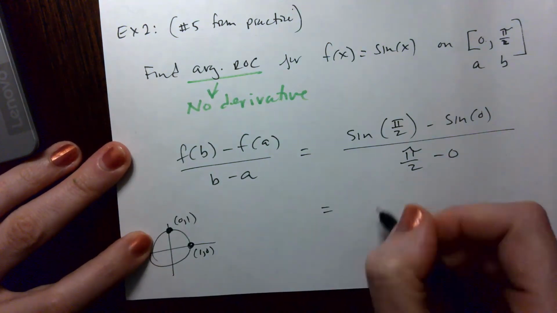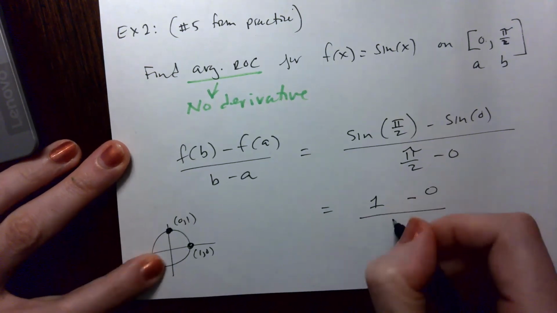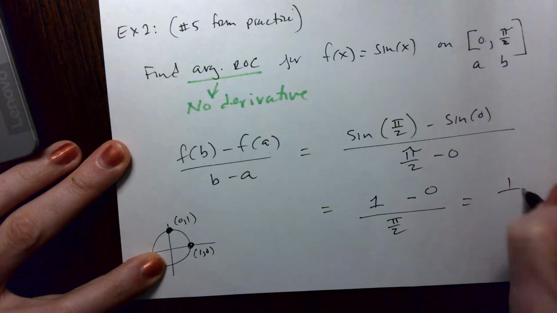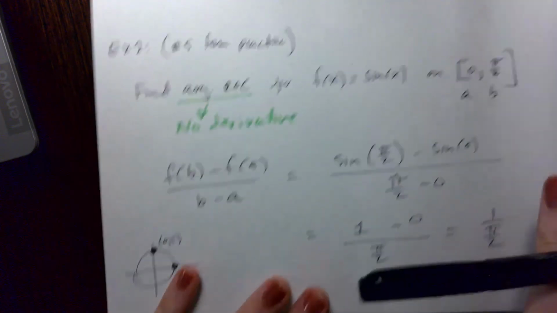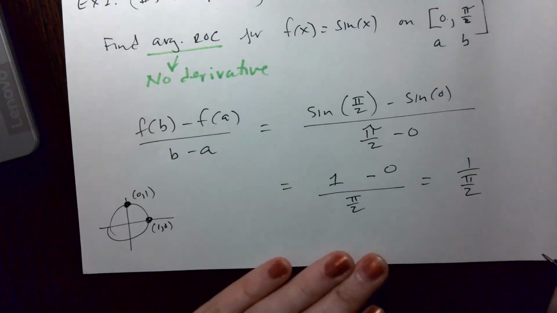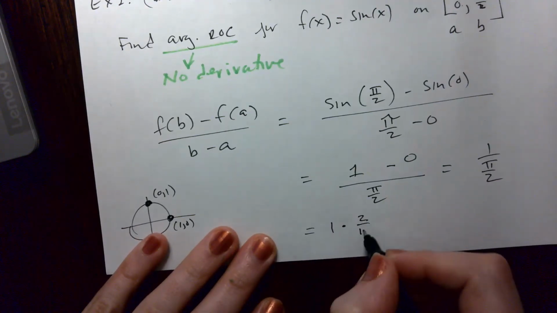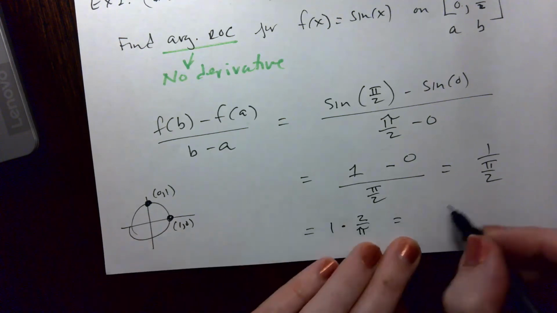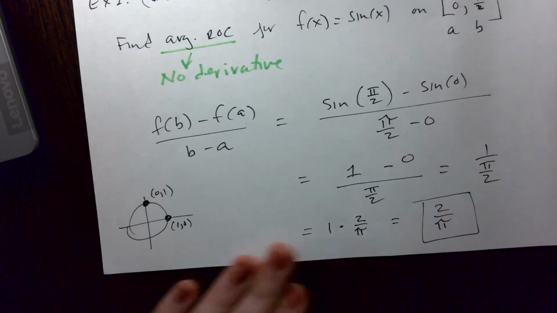So this is 1 minus sine of 0, which is 0, over pi over 2. So this is 1 over pi over 2: keep, change, flip. We did that all last year; keep, change, flip was a huge theme. So 1 times 2 over pi. 2 over pi is the average rate of change.